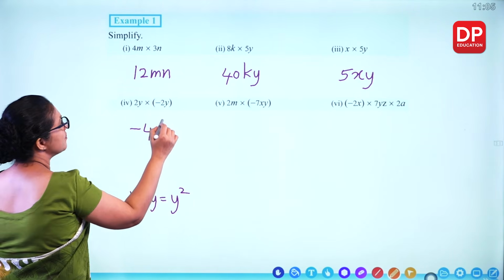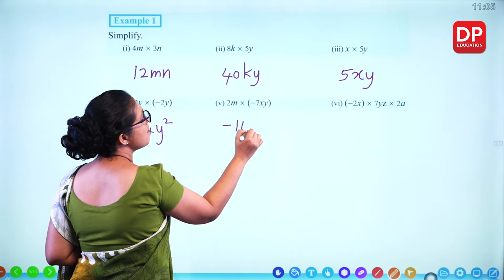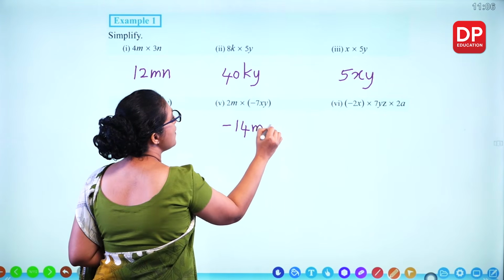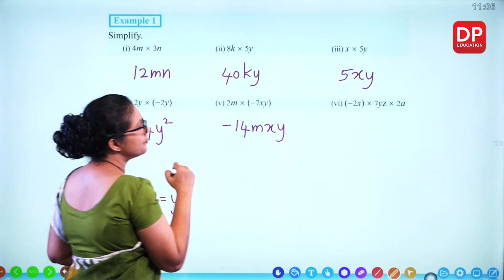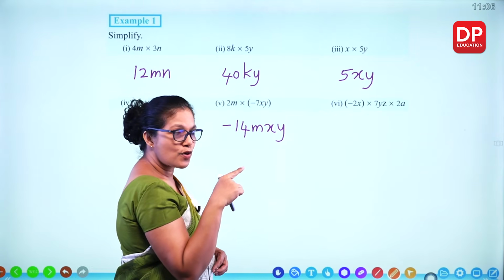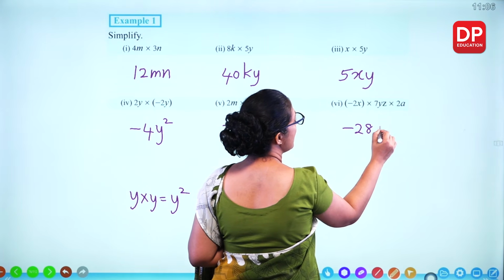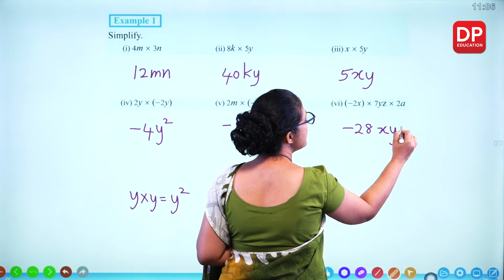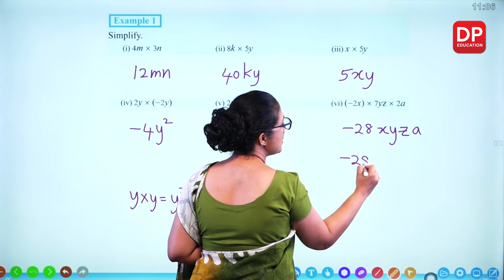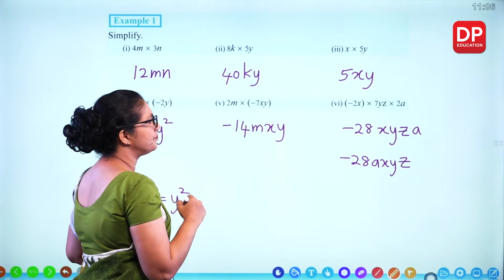Y squared. 2 times minus 7, minus 40. X, Y, M is there. So we'll write M, X, Y. Minus 2 times 7, minus 14. Minus 14 times 2, minus 28. X is there. Y, Z, A. So if you want to write in order, you can write minus 28, A, X, Y, Z.